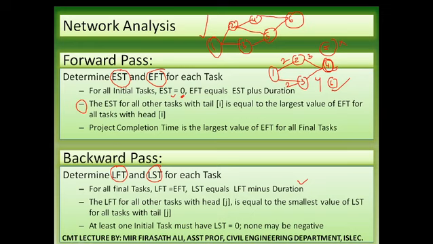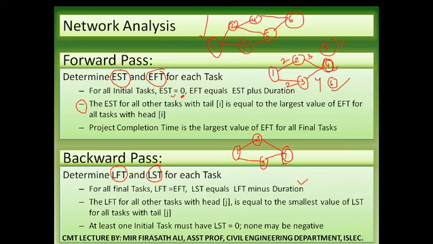The LFT for all other tasks with head J is equal to the smallest value of all other tasks. Now let us see one more example of similar logic. 1, 2, 3. This meets at 4.